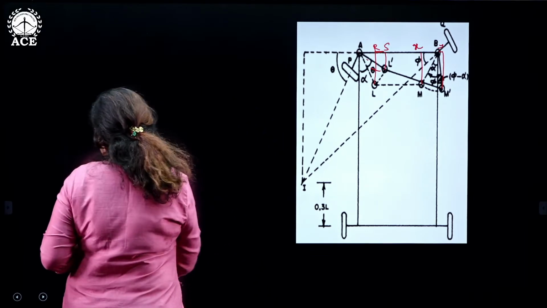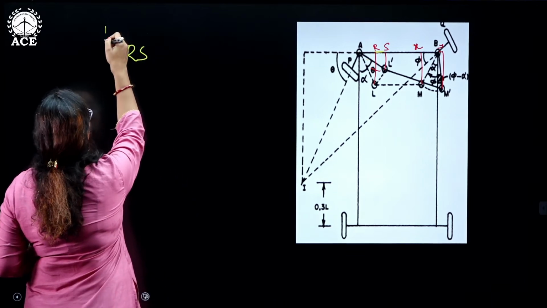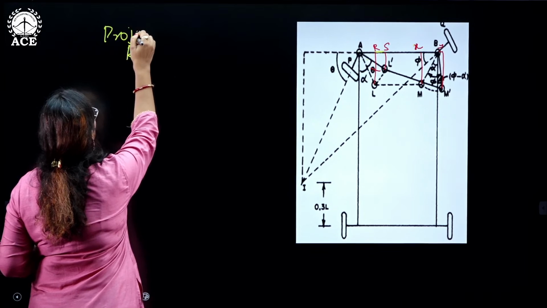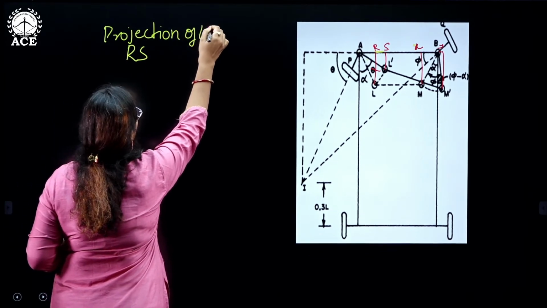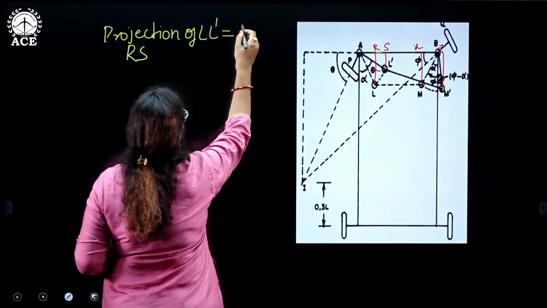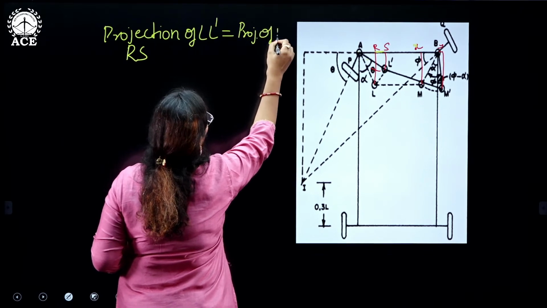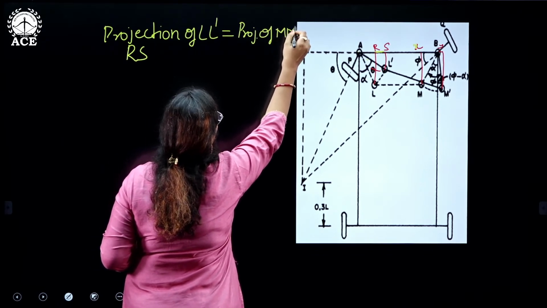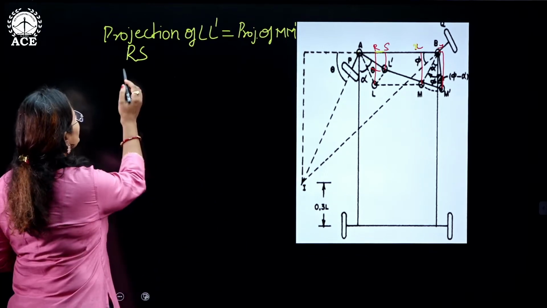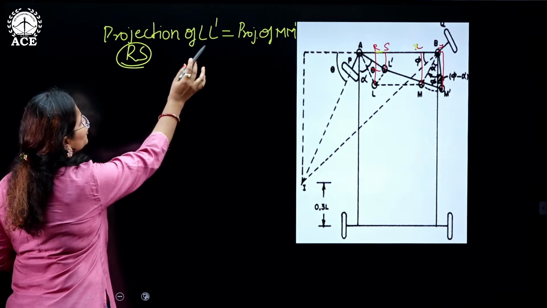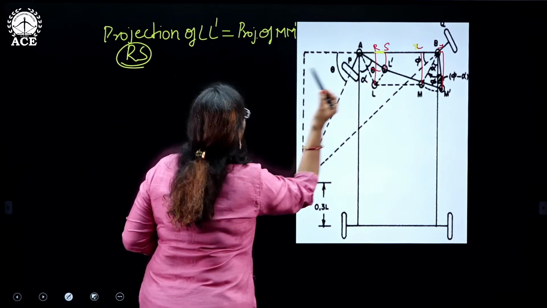So I will say that the projection of L dash is equal to projection of M dash. Only then I can justify this particular movement. So I am saying, for instance, I am taking this projection of L dash as this one, this particular distance if I want to find. It is RS.